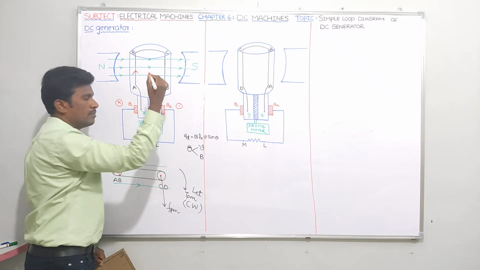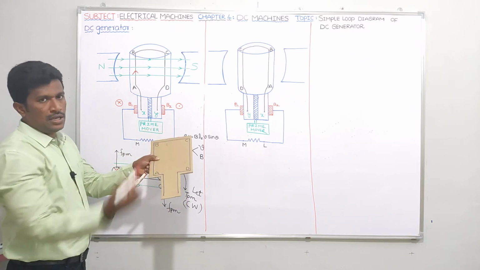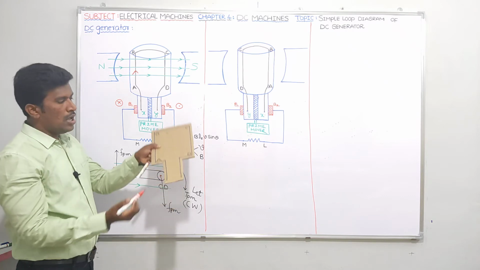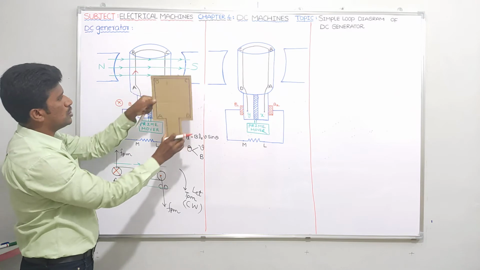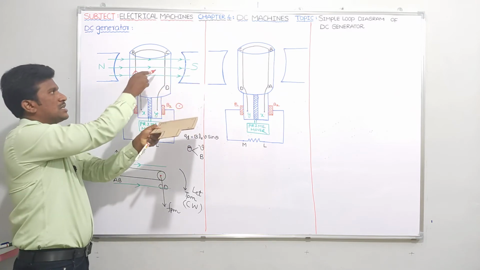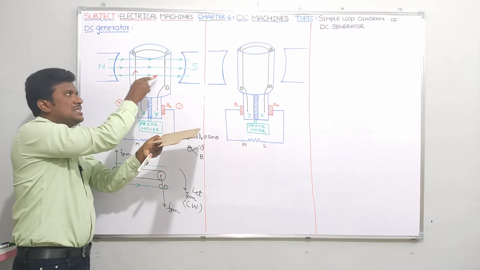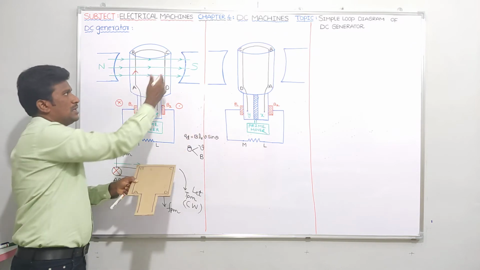Dot. See guys, in CD, direction of current you are getting a dot means out of the board. It should be like this. Out of the board means it is coming from the board. This is the direction of current. So nothing but this one only.